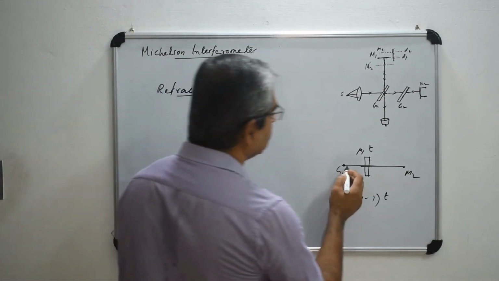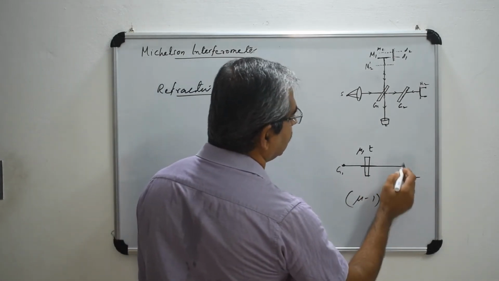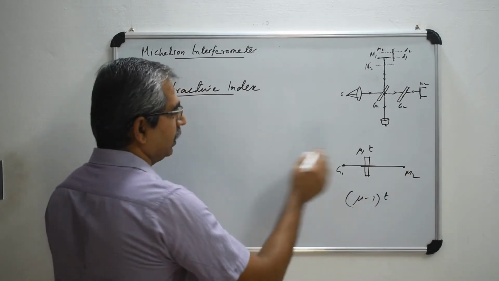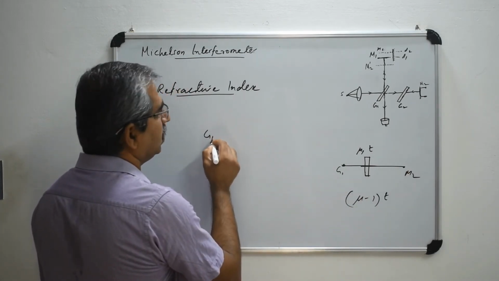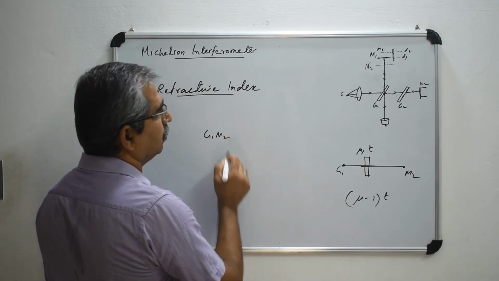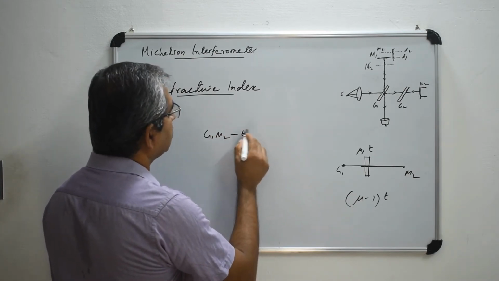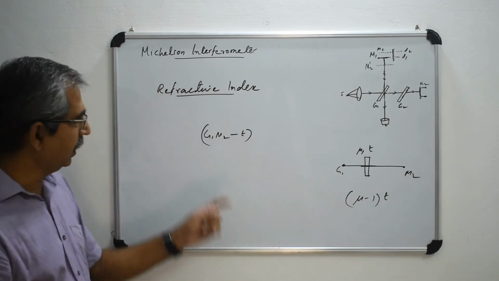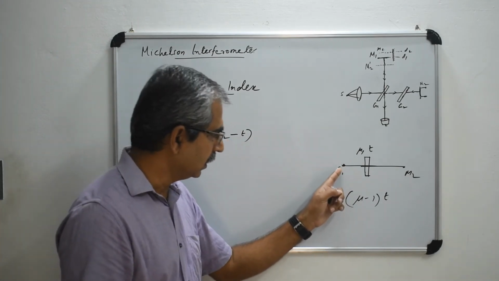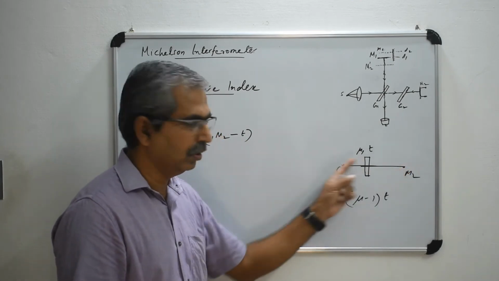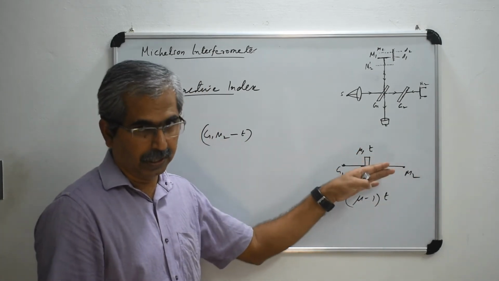Because from G1 to M2, the path through air is G1 M2 minus T. Okay, through air.